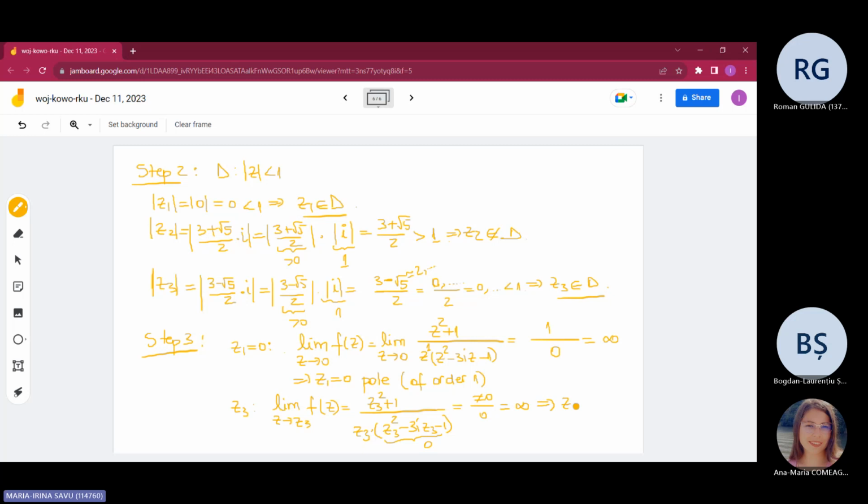So you have that z3 is a pole. And can you tell me the order? Again 1. Yes, again 1. Why 1? Because it's first power. Yes. Multiplicity is 1. Why is the order 1? Algebraic multiplicity is 1. Yes, because the algebraic multiplicity is 1.